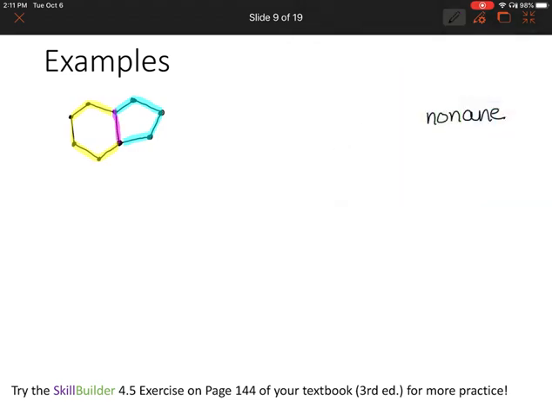Okay, so let's count the carbons that are in the middle of each bridge. So if we start with the yellow bridge, we have 1, 2, 3, 4 carbons. All right. And then let's look at the blue bridge. We have 3 carbons.